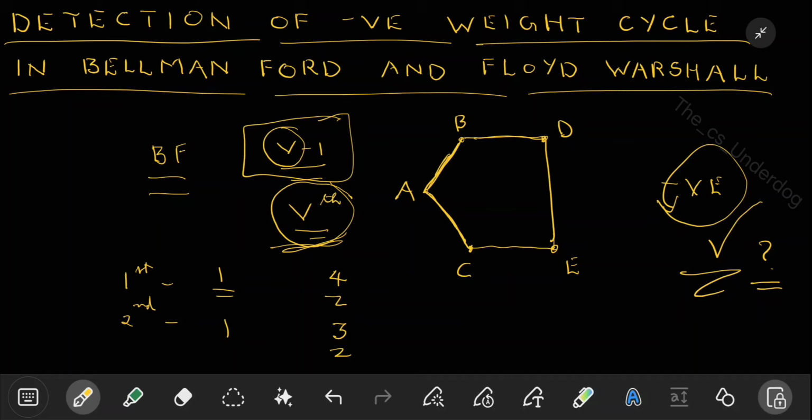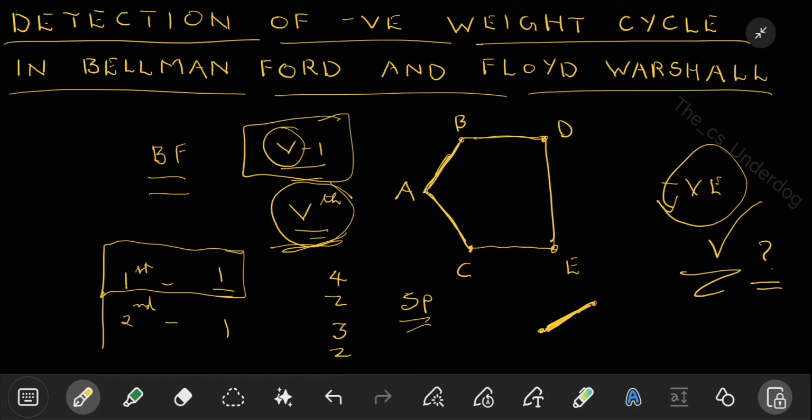The logic behind it is, when you relax each edge, we are seeing all the possible shortest paths which are using one edge. All the shortest paths which use only one edge are the ones you find after the first iteration, that is, relaxation of all edges one time.